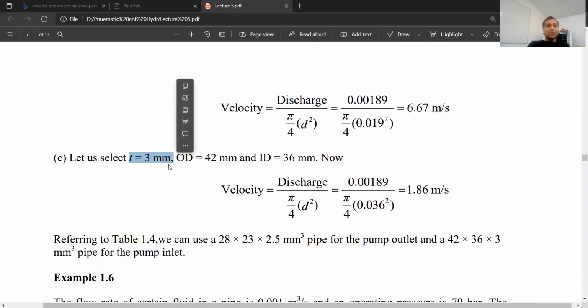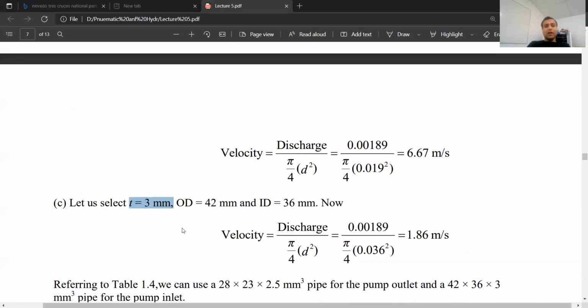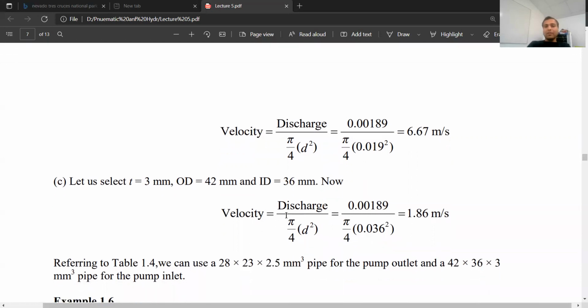So now thickness is still 3. We choose thickness 3. Outer diameter is 42 and the inner diameter is 36. So what I'm trying to do is I'm just trying to get that number, the bottom number 0.19, a little bit bigger. If I get this number a little bit bigger, what will actually happen is it will reduce that value. So now let's have a look.